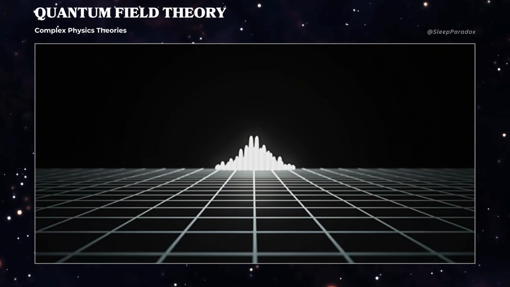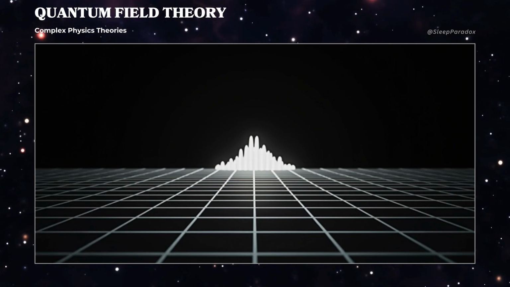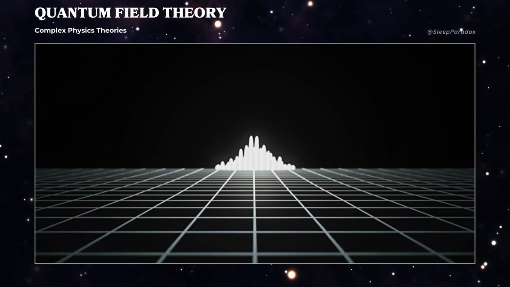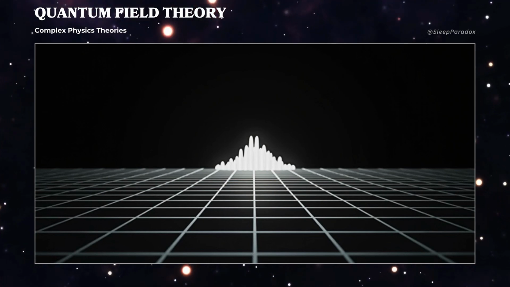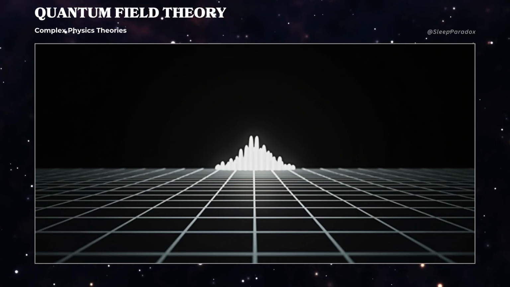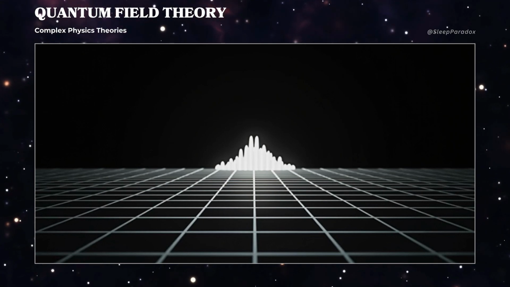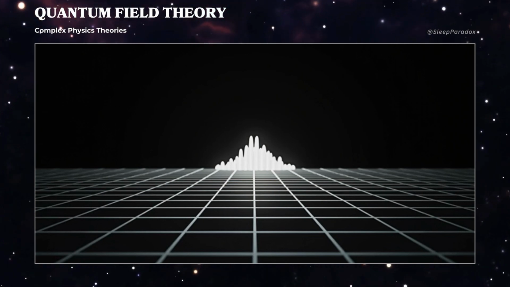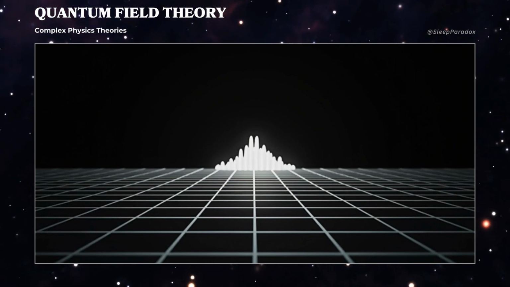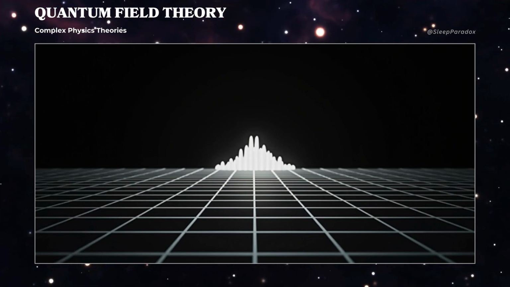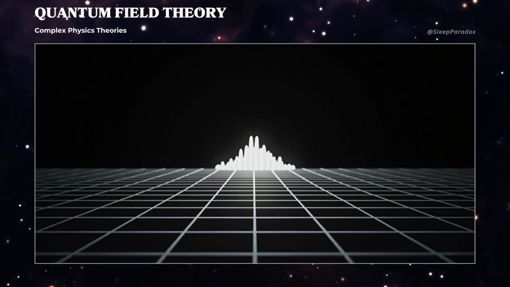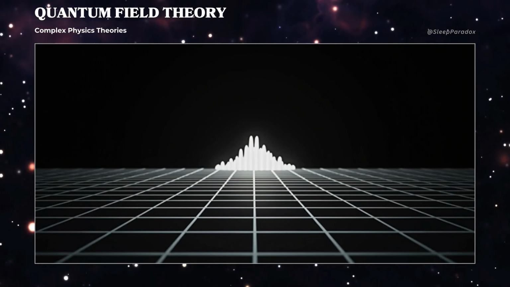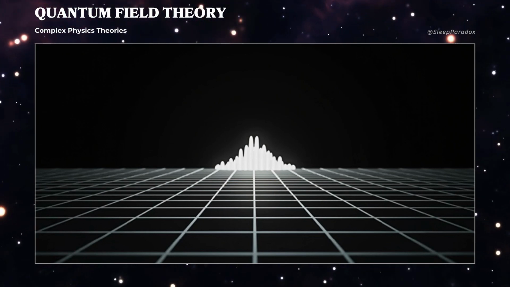This idea is powerful because it unifies the world of particles and forces. In this framework, forces arise from the interactions between fields. For example, the electromagnetic force is carried by photons. When two charged particles interact, they exchange photons. These photons may be real, like the light we see, or they may be virtual, temporary disturbances in the field that appear during interactions, but cannot be directly observed.